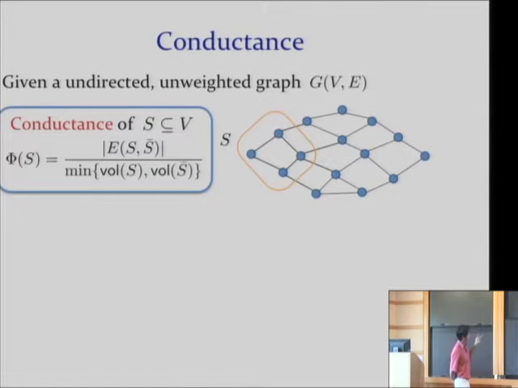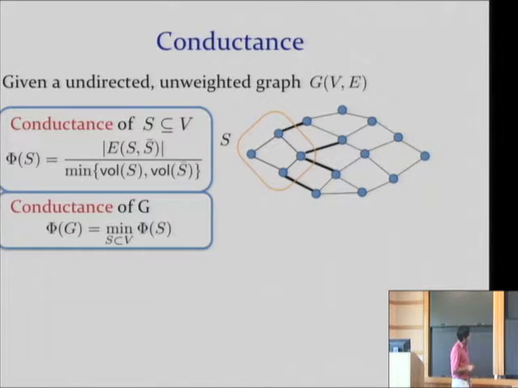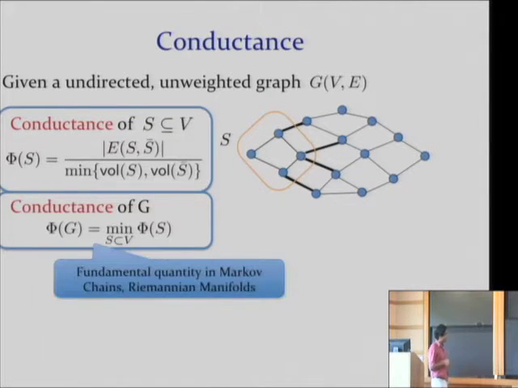We take the ratio of the number of edges crossing the cut upon the volume of the smaller side of the cut. This is defined as conductance, and the conductance of the graph will be defined as the minimum conductance of any subset of vertices. It's a really fundamental quantity in the study of Markov chains, Riemann manifolds, and of course graph partitioning.